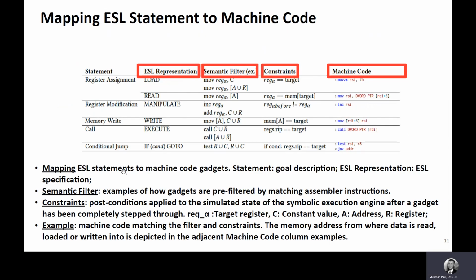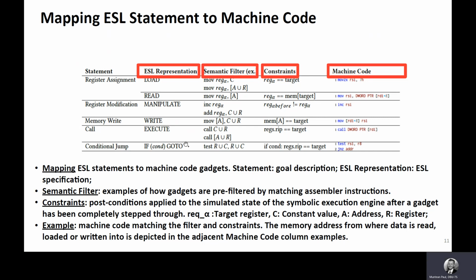Next, I will discuss how these ESL statements can be mapped to machine code. Basically, we have different types of registers. We have semantic filters, and we have certain types of constraints. And then basically, the mapping is on the right. So here you see x86 machine code, and basically the load, the read, the manipulate, and the execute operations map one-on-one to this machine code.